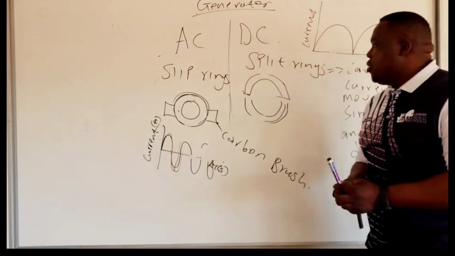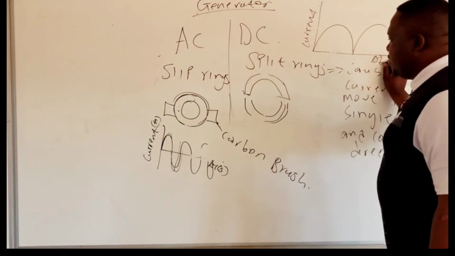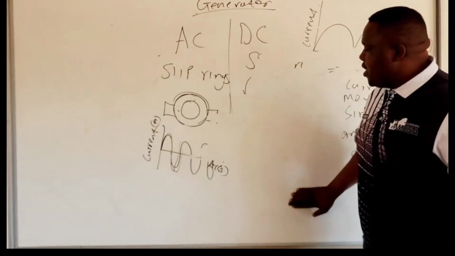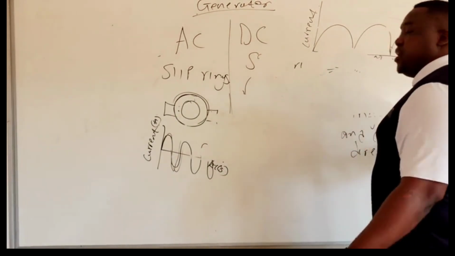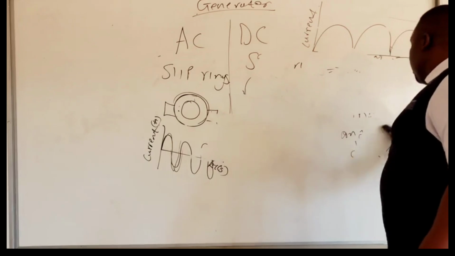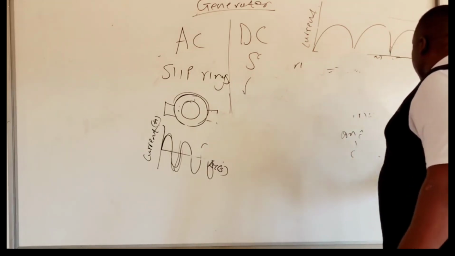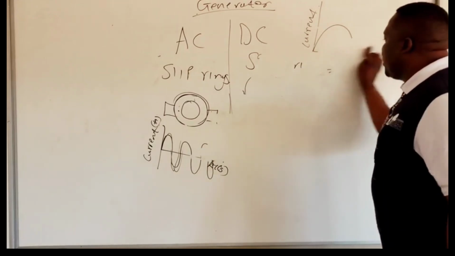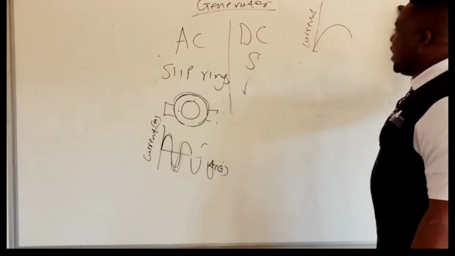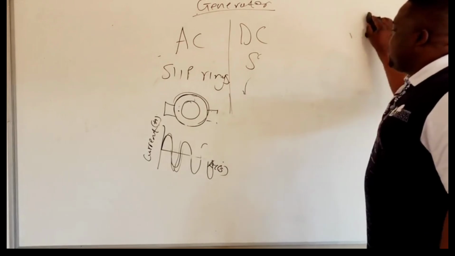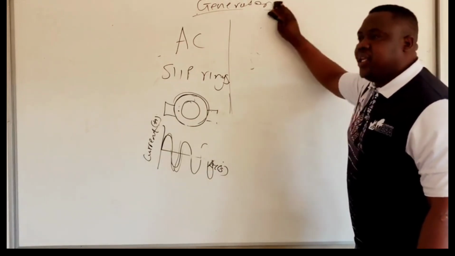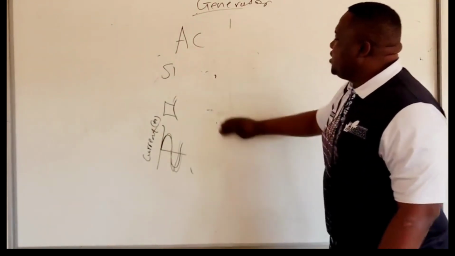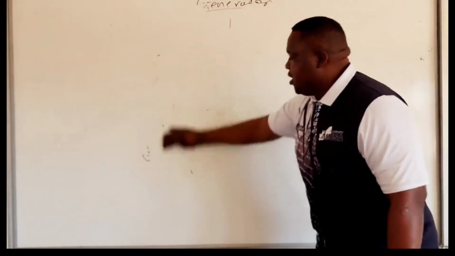Sometimes you can come across a question asking how to make an AC generator become a DC generator. What do you do? You change the rings. If you remove the slip ring and put the split ring, you have changed an AC to become a DC.